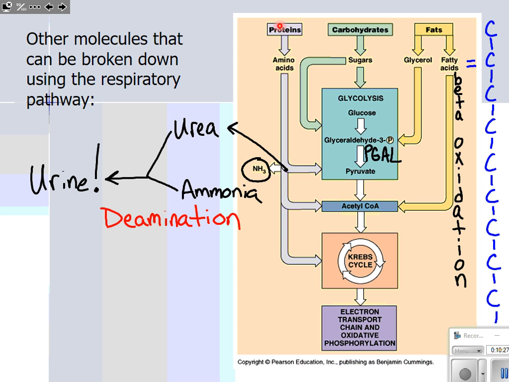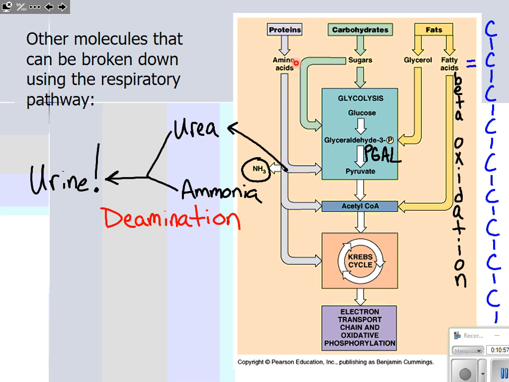Can I take any part of that protein and run it through the 4 steps of aerobic cellular respiration? Well, yes, I can. Now, there's no way to convert protein into glucose. You'll notice that none of the purple arrows point to glucose because there's no part of a protein that can be changed into glucose.